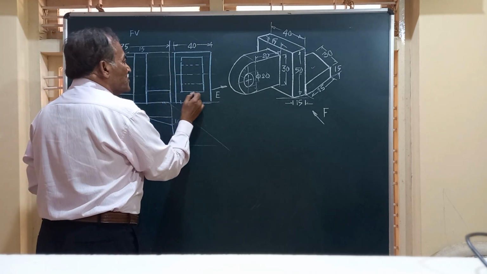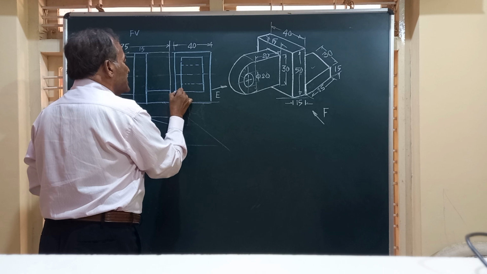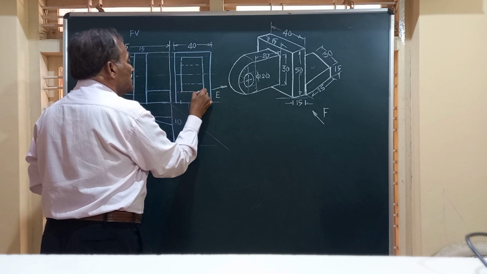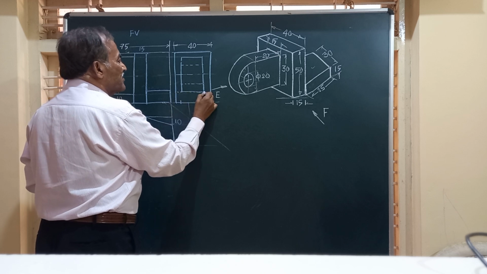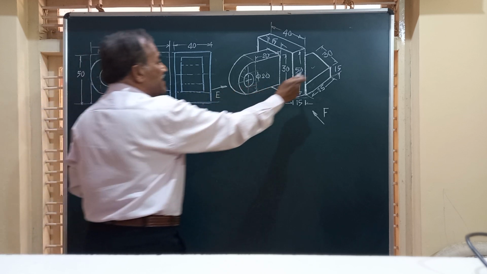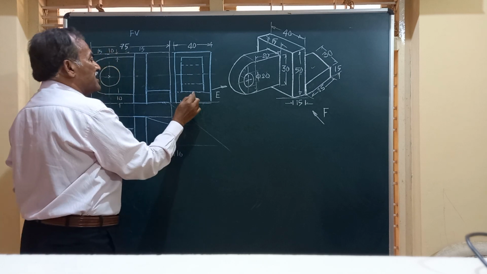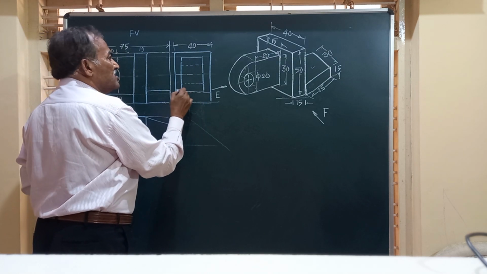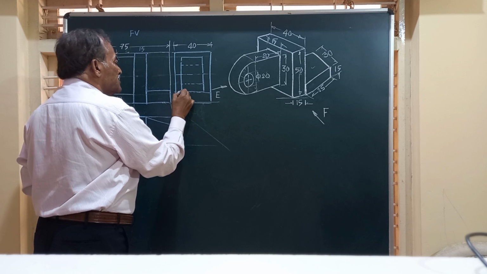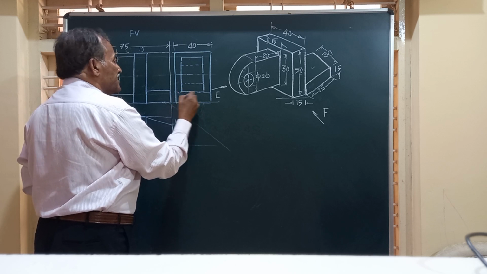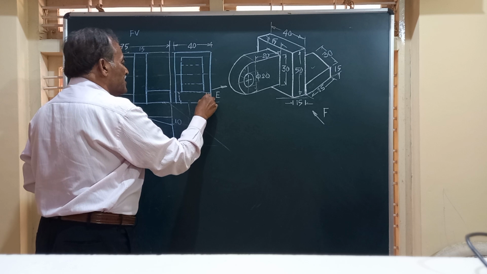So here we are going to have, at a height of so much, two dotted lines. So this dotted line, whatever I have drawn here, will indicate this edge which has got a dimension of 30. So that is there. So we have to have the vertical line from there. I will show separately so that there won't be any confusion.